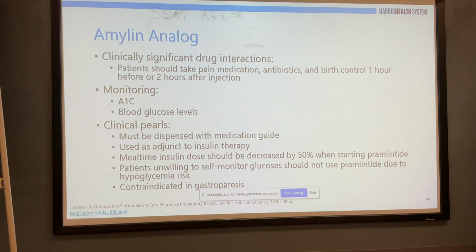Any patient who doesn't want to check their sugars should not use this medicine because the risk of hypoglycemia is so severe and it can be deadly. And whenever you add the amylin analog, you should decrease the insulin dose by 50%. Okay, so it's something that you want to make sure you put in your mind. And because of how it works in the tummy, anybody living with gastroparesis or diabetic gastroparesis should not use this product.